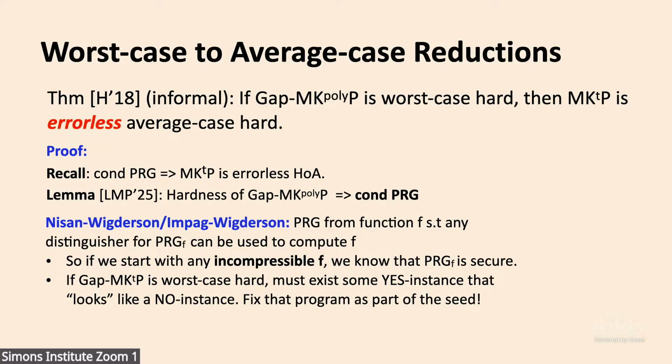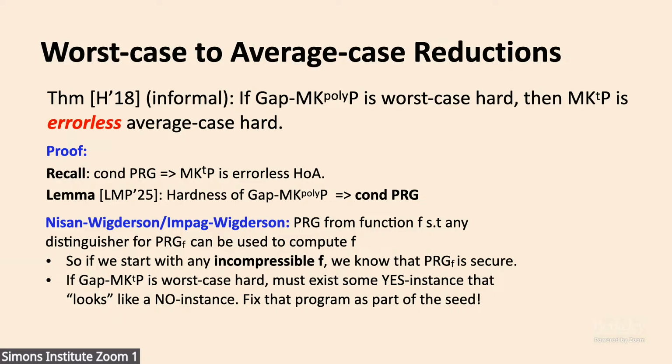How does Nisan-Wigderson build the PRG from this program? Nisan-Wigderson builds a PRG from any hard function. So I just take my small program, run it to get a string, which I view as a function, and then run Nisan-Wigderson on that function. Nisan-Wigderson is parameterized by a function, right? The function that I'm using is just the output of the program.